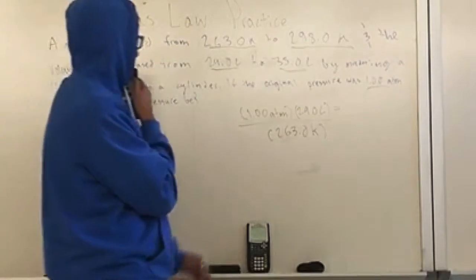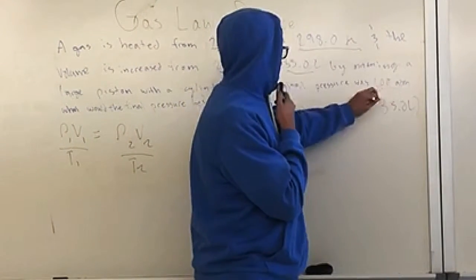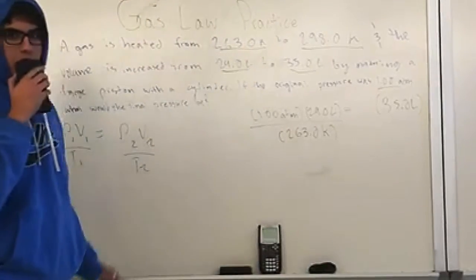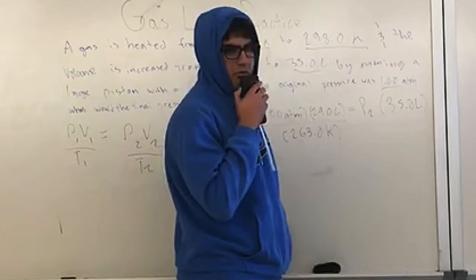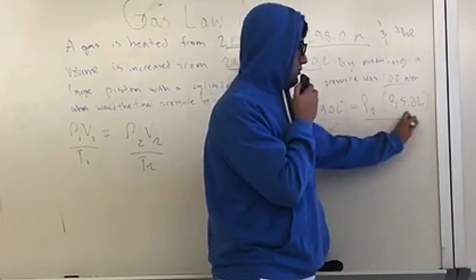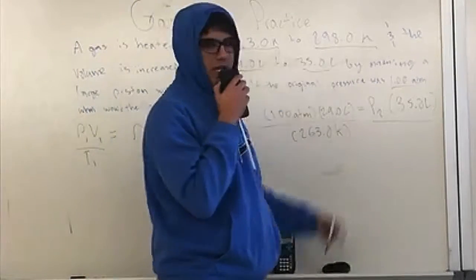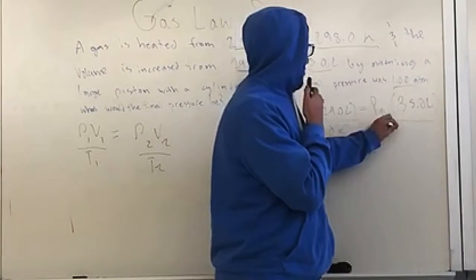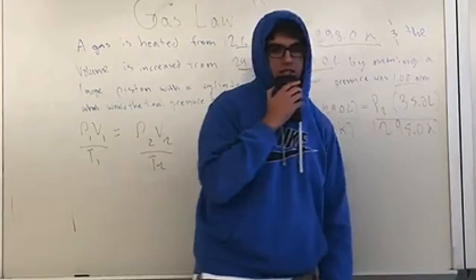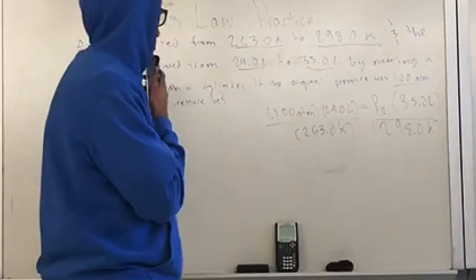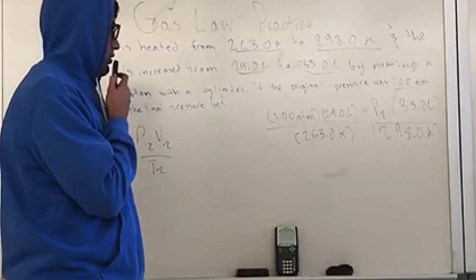Volume 2 is 35.0 liters. Now pressure 2 is what we're looking for, so we'll put P2. The second temperature is 298 Kelvin, so we'll plug that in. That's it. That's all you have to do. And now you can just solve for P2. And that's exactly what I'm going to do here.